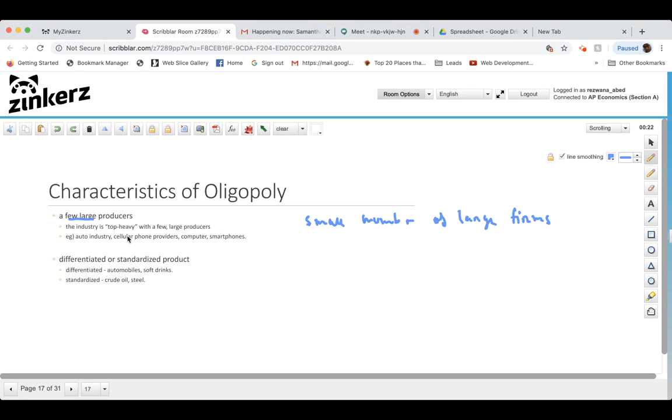Okay. So usually what we see with oligopoly is that sometimes the 10 largest firms will often account for over 75% of total sales in any market. Or for some types of oligopolies, the 3 to 4 largest firms will sometimes account for over 90% of the market. So the market share of the 3 or 4 large firms tends to be really large compared to the overall size of the market.